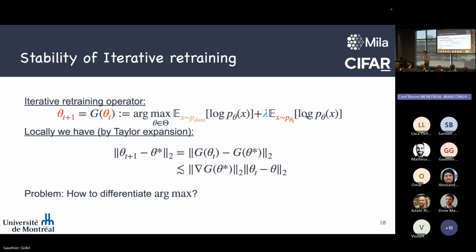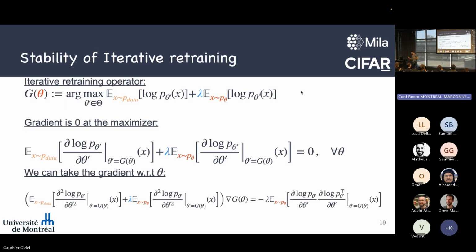The trick here is completely non-trivial because we need to differentiate through this argmax function. Luckily, we know how to do this, and I'm going to try to give you a one-slide intuition on how to do that. Please bear with me. What we do is we just use the definition of G theta being the maximizer. It means that the gradient with respect to theta prime of this function, evaluated at G theta, is 0.